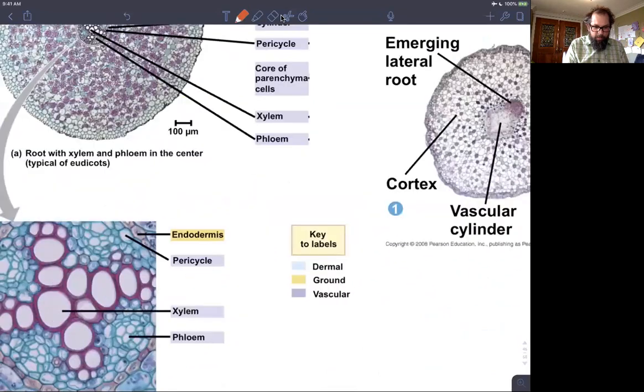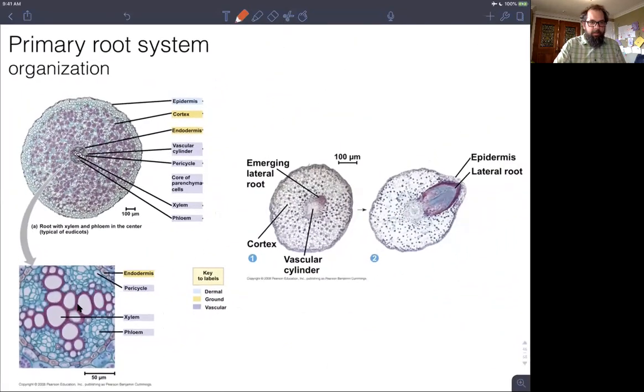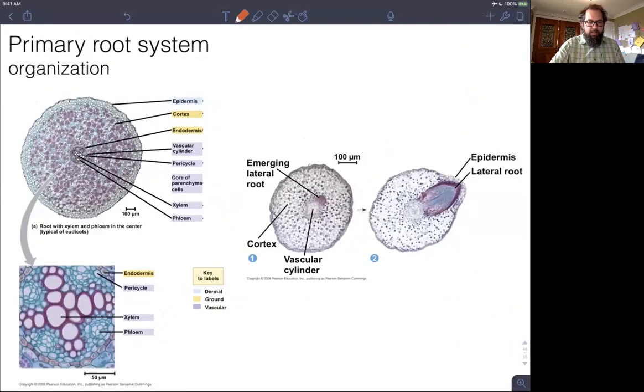If we zoom in on this bottom corner down here, zooming in on that vascular cylinder, we see the endodermis surrounding this, and then just inside of the endodermis is a layer of cells. That's that meristem responsible for initiating root branching. That's the pericycle itself. And then here we see the xylem and the phloem.